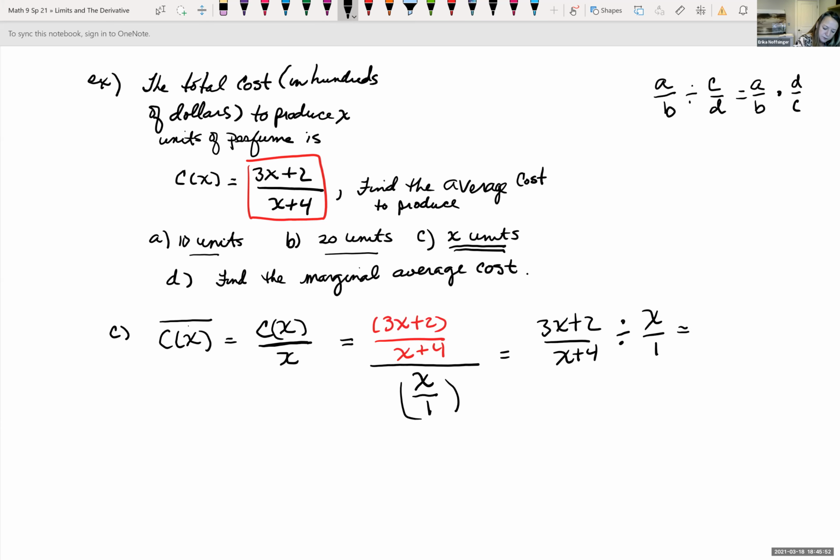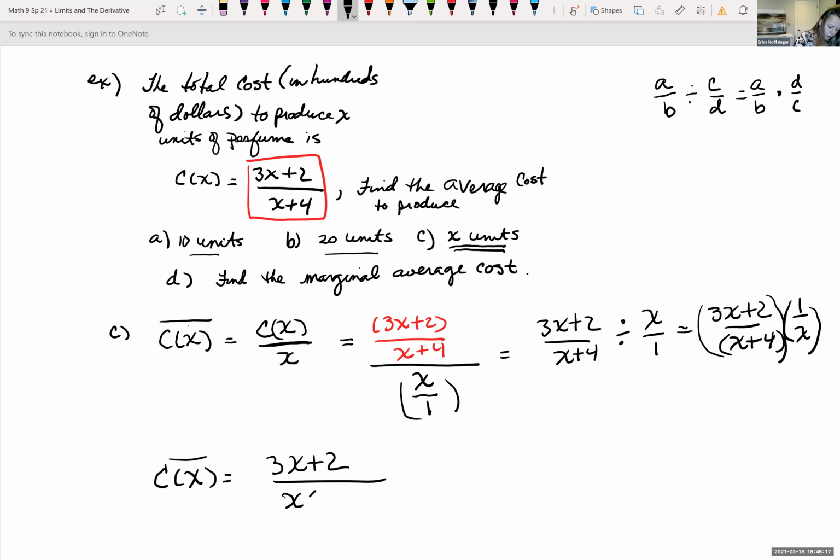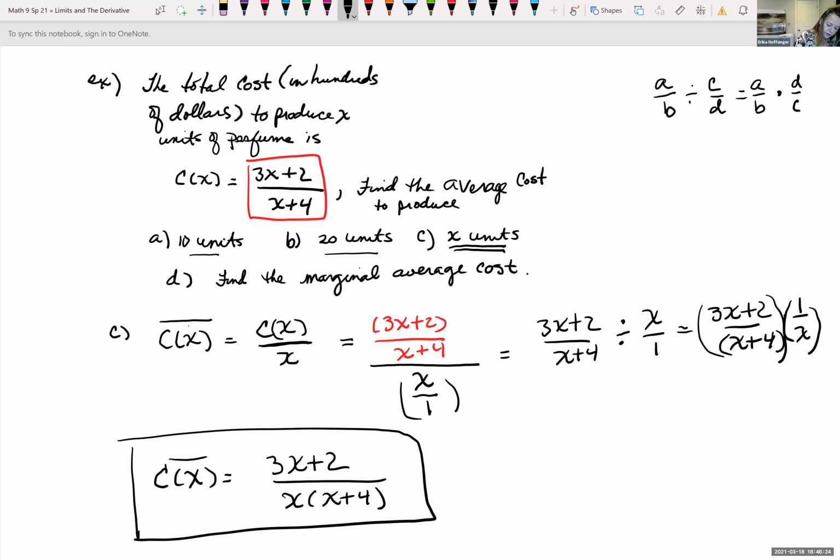We're going to rewrite it as multiplying by the reciprocal of the second fraction. So we found that the average cost function is equal to, well, fraction times a fraction, we can multiply the numerators together. So 3x plus 2 all over our denominator, x times that quantity, x plus 4. So here's our average cost.